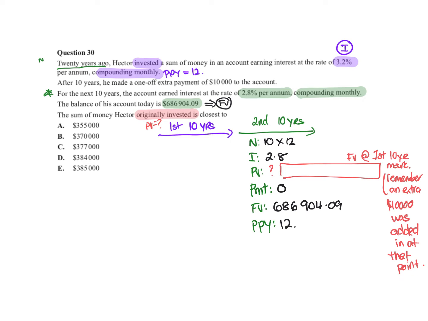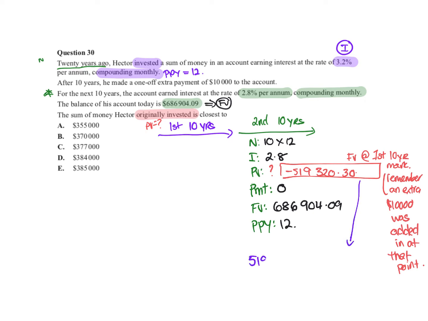Okay, so I do that and I get negative 519,320.30, rounded. That's how much he had at the end of the first 10 years, but you have to minus the 10,000 lump sum.